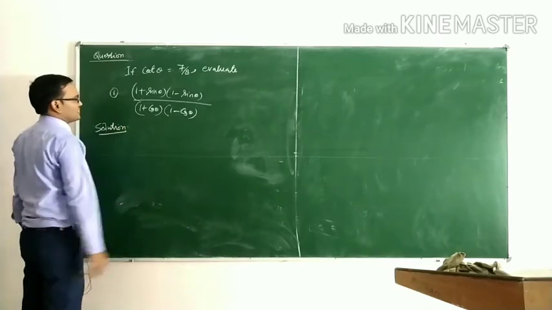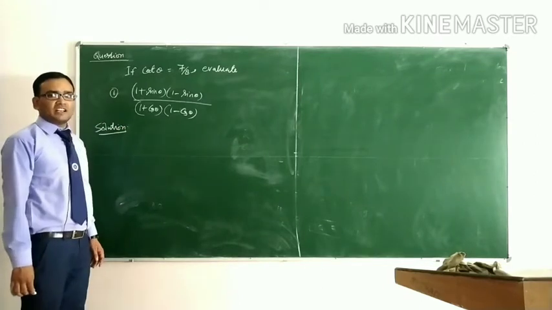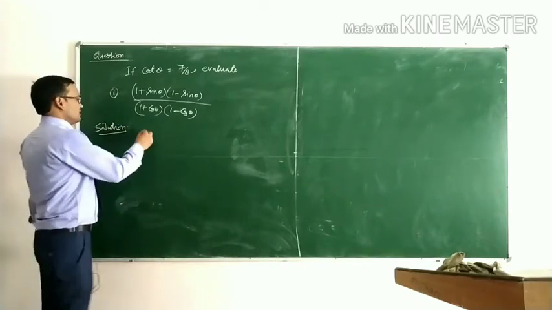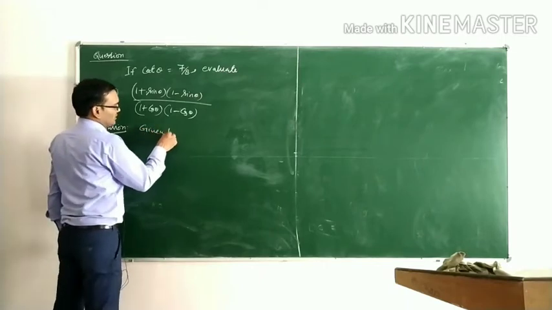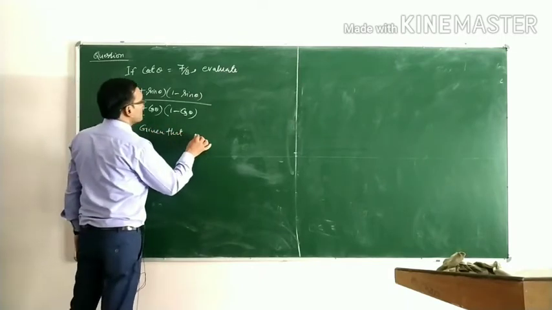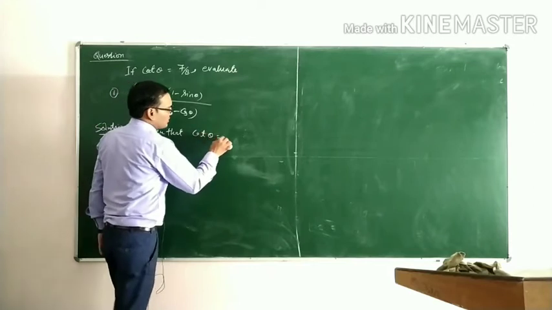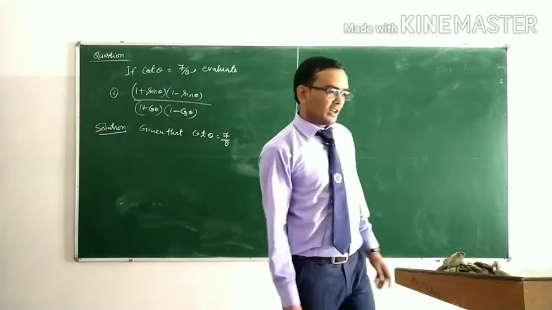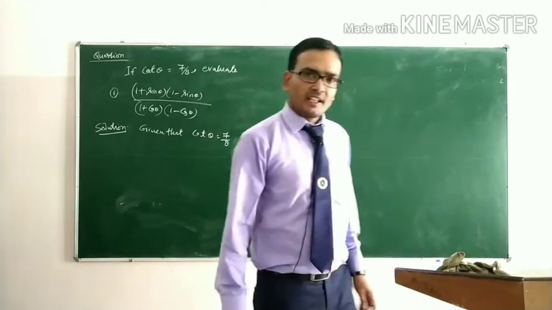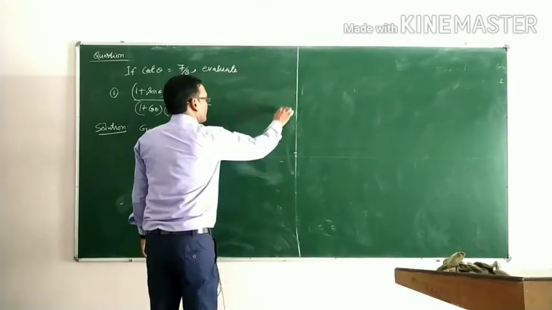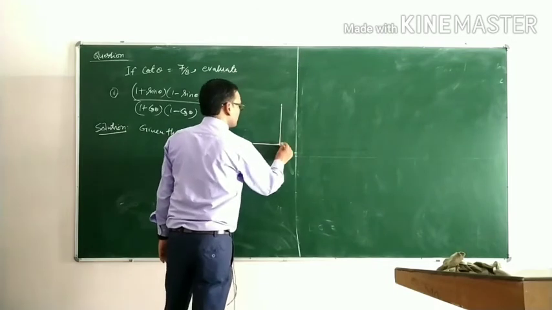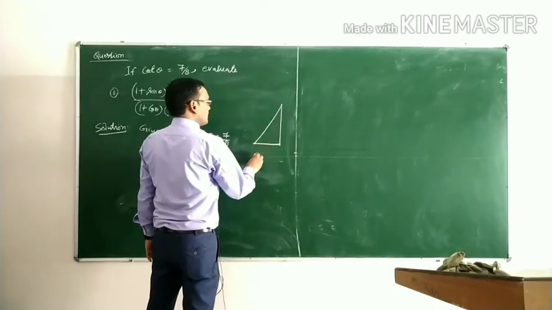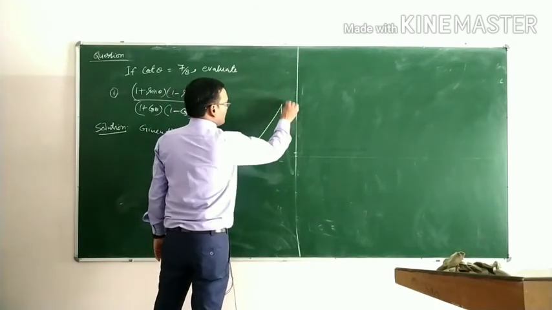Our first target is to find the value of sin theta and cos theta. Given that cot theta equals 7/8, we draw a triangle ABC.